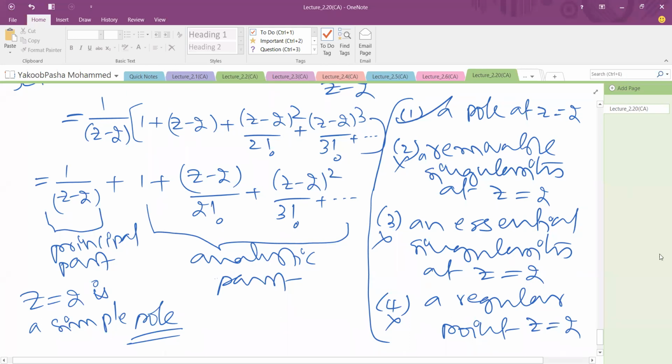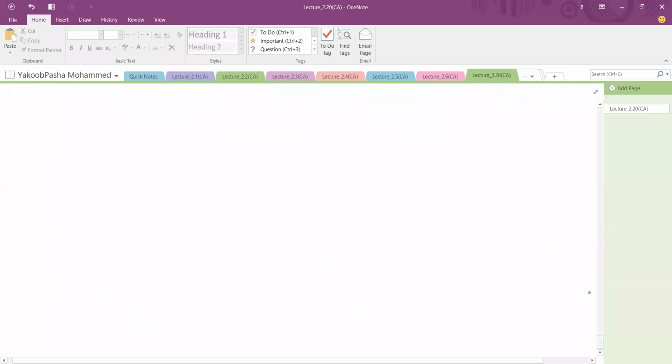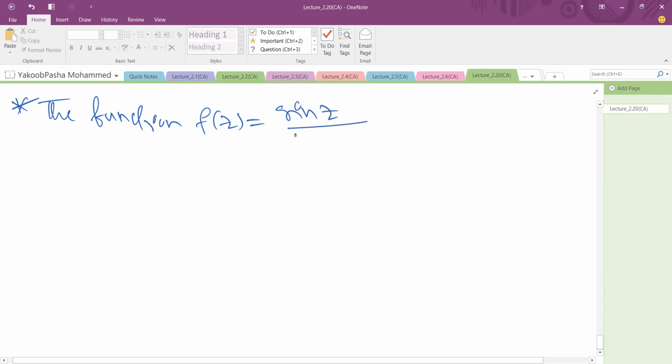The function f of z is equal to sin z divided by z minus pi whole square has a pole of order what?